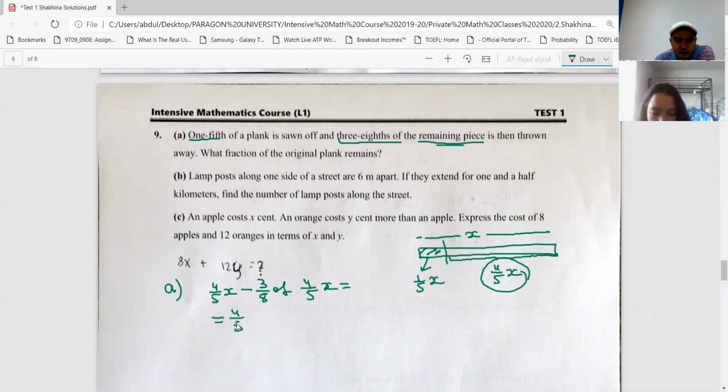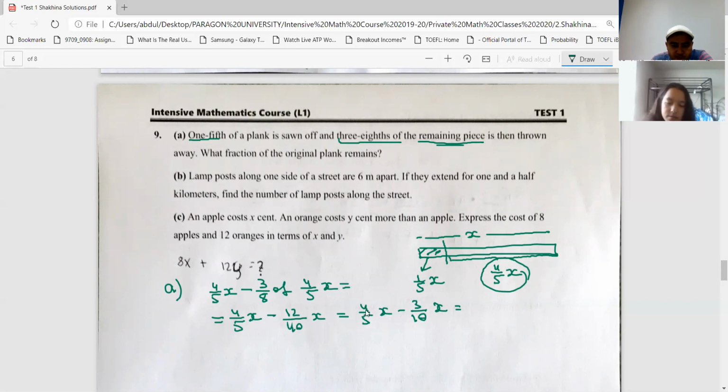So if you simplify this, 4/5x minus 3/8 times, actually we should simplify it. 3 times 4 is 12, and 8 times 5 is 40x. Or if you simplify the second fraction, I can divide it by 4, that is 3 divided by 4, equal to 10x. And what is the common denominator here? 10, right?